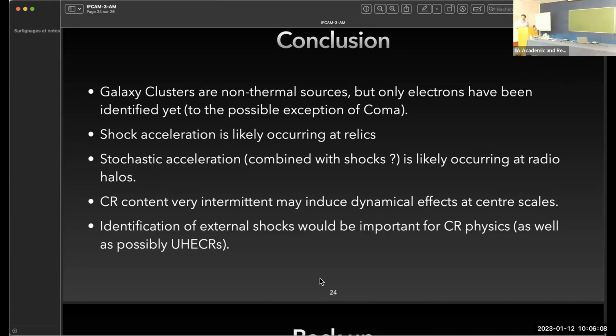Nice talk. Actually, the thing is that you said that high Mach number shocks are efficient. I also agree with that. Obviously, they're efficient. The thing is that due to very low density in the outskirts of the cluster, they could not produce as much of the gamma ray flux that we need to detect, right?